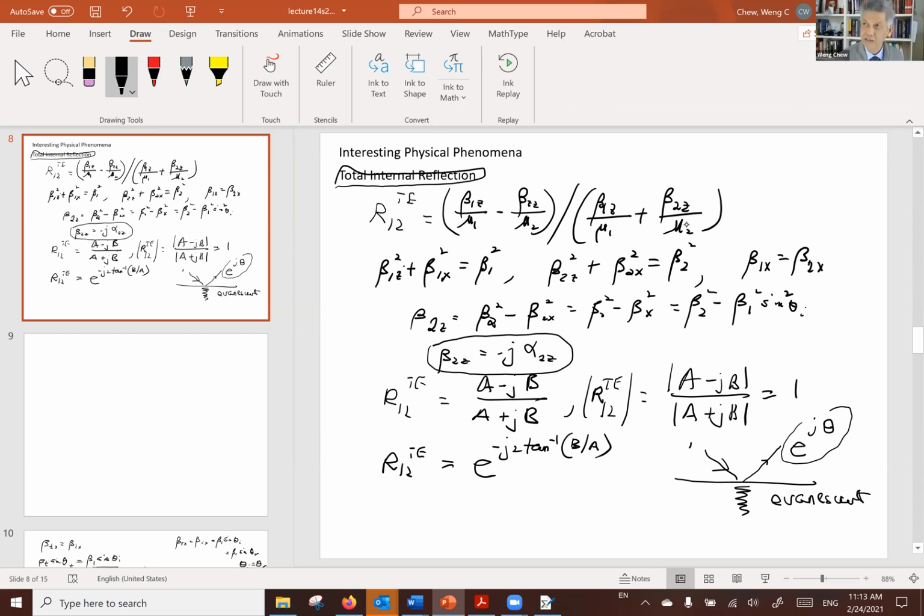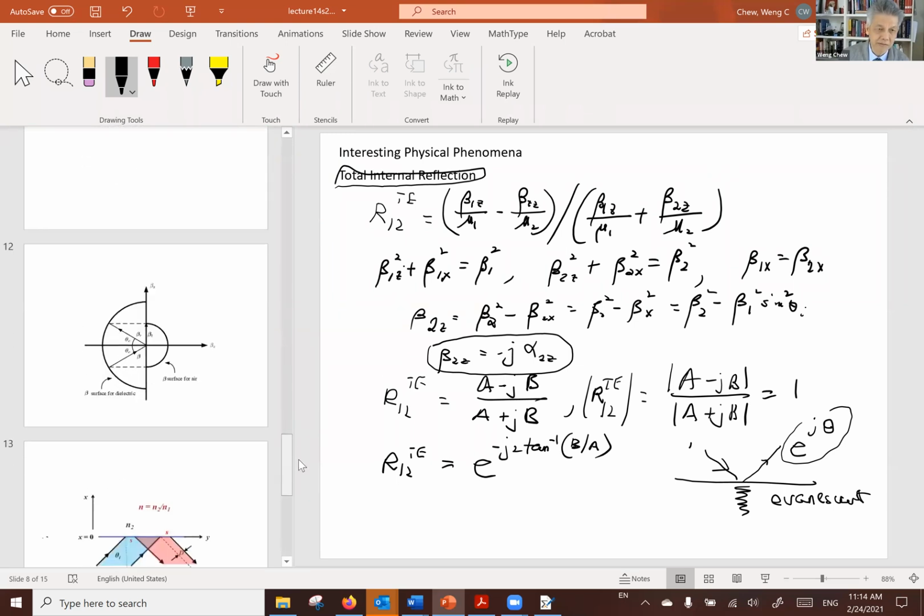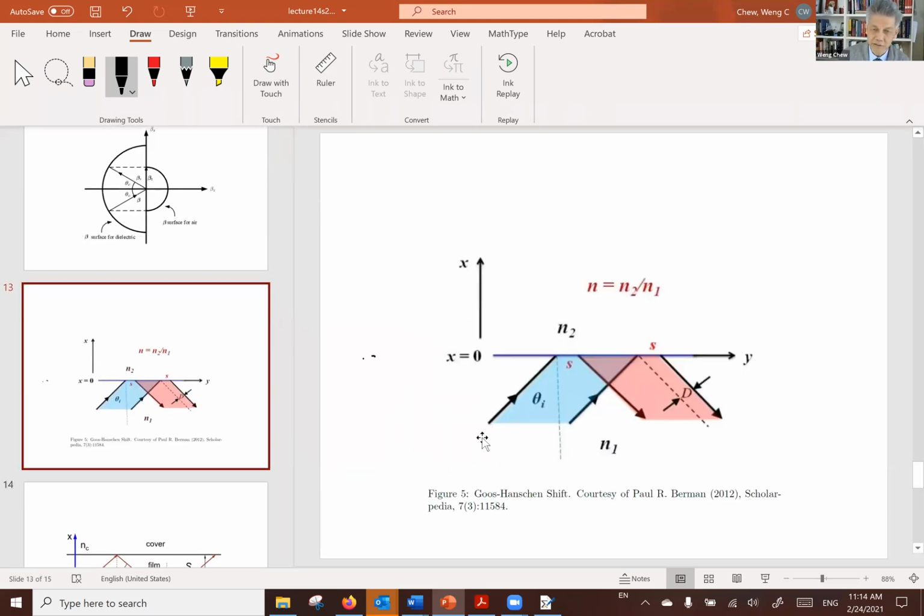It's not easy to understand this at this point, perhaps for you, but a phase shift in the frequency domain is equivalent to a time delay in the time domain. So if you were to study this in the time domain, what the physical meaning of this phase shift is, and if you do some time domain simulation, and if you imagine a pulse traveling into this interface, because of the total internal reflection, there'll be a time delay for the wave before it gets reflected.